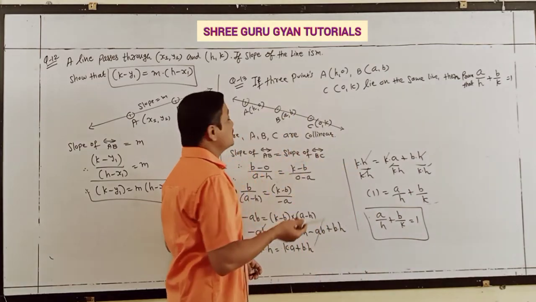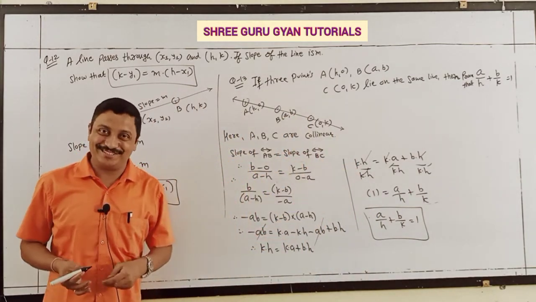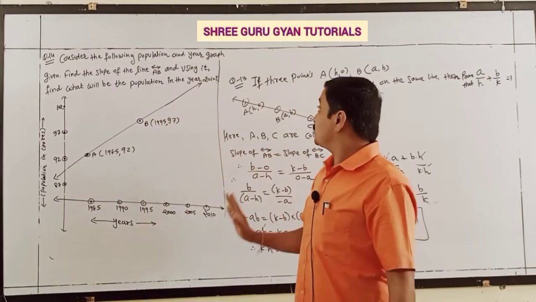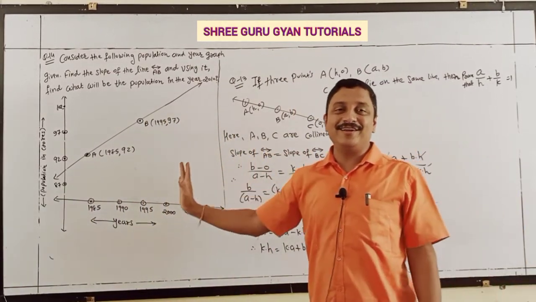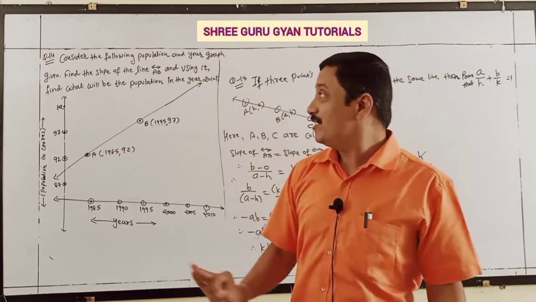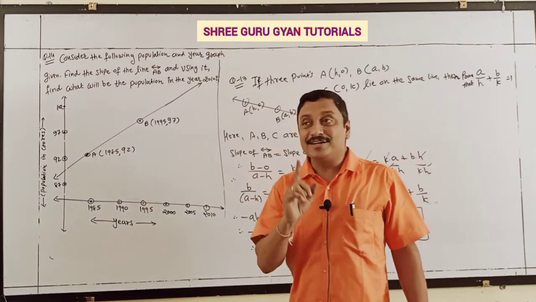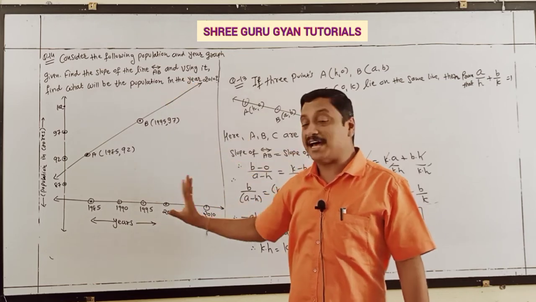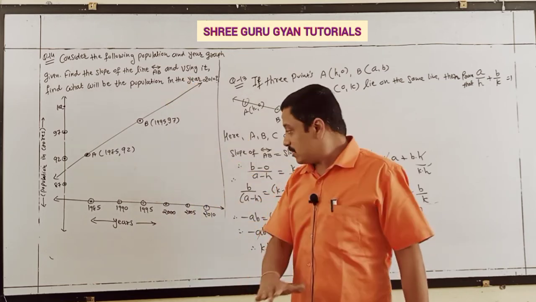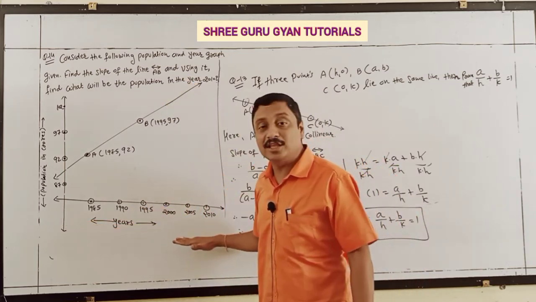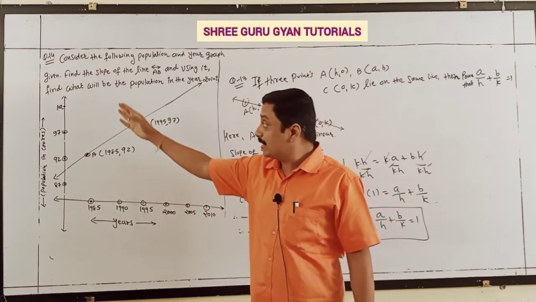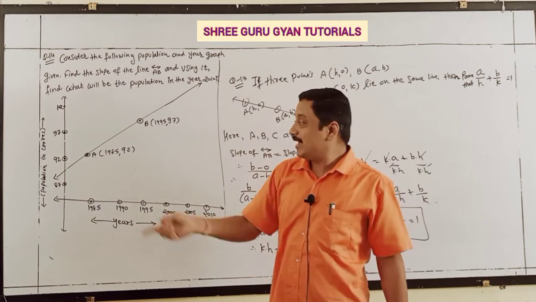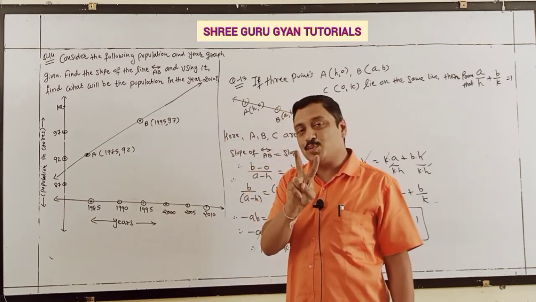Now I go to question number 14. Now students, after ending 13, we go ahead to another very important question, number 14. Consider the following populations year wise given in this diagram. In this diagram the x-axis is the years and the y-axis is the population in crores, and one line is given with two points.